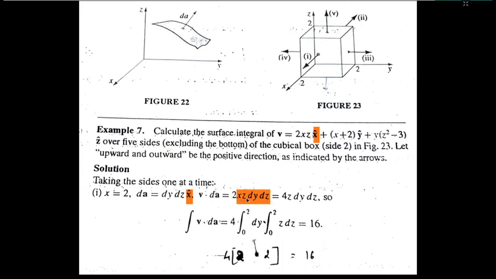सो x को और z को z के साथ और x इज़ कांस्टेंट ओवर हियर, x इज़ इक्वल टू 2, तो x की वैल्यू अगर मैं रख दूँ तो z को dz के साथ और dy को इंडिविजुअली आप इंटीग्रेट कर सकते हो.